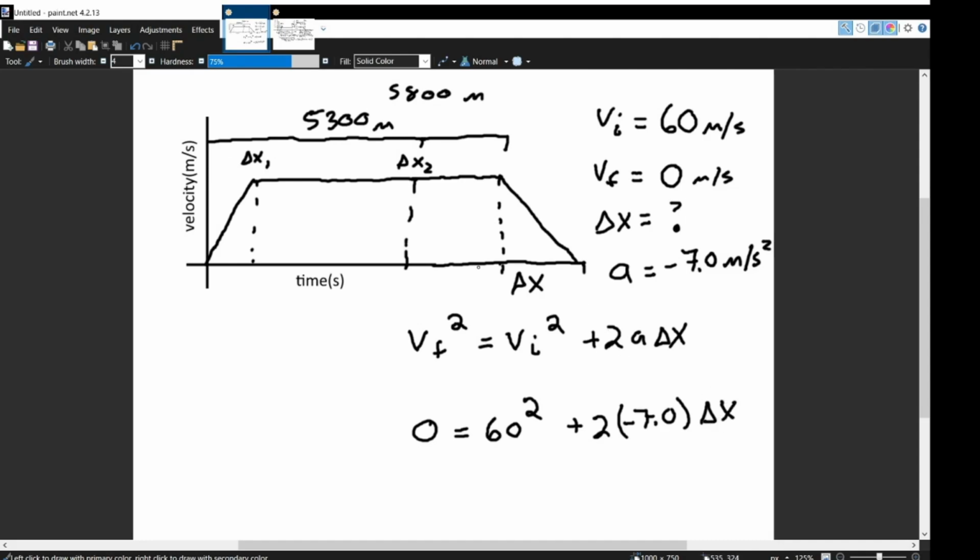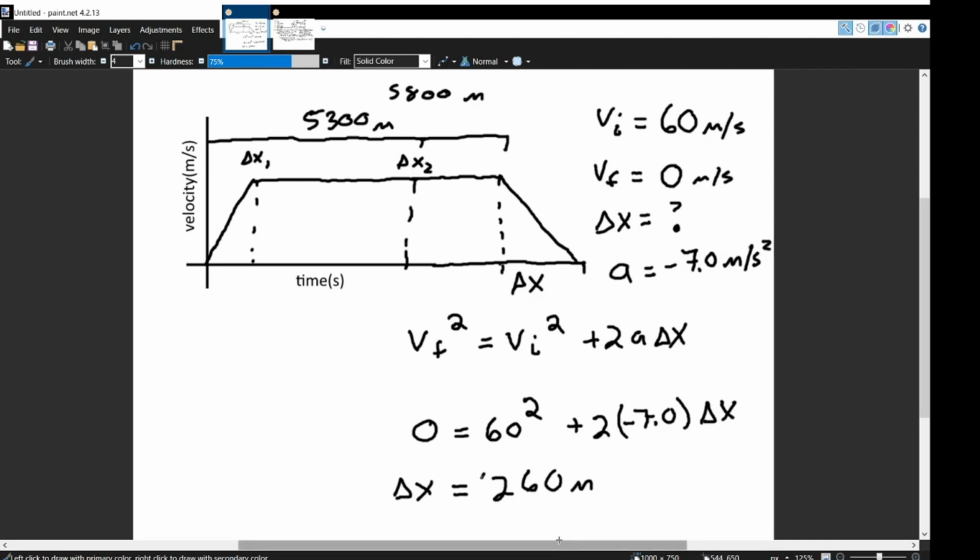I could have rewritten this to add in 5,800 as my initial starting point and then my final, but I'm just going to put the change in X and refer to this distance right here, and then I'll add it back in. So go ahead and work that out, and this should give you the change in X equals about 260 meters.